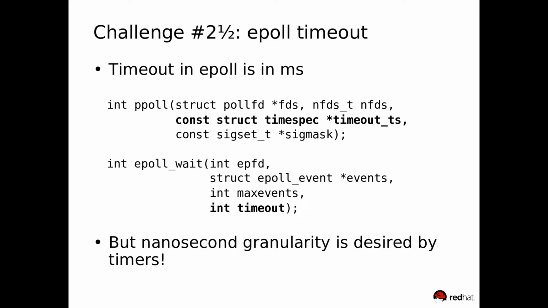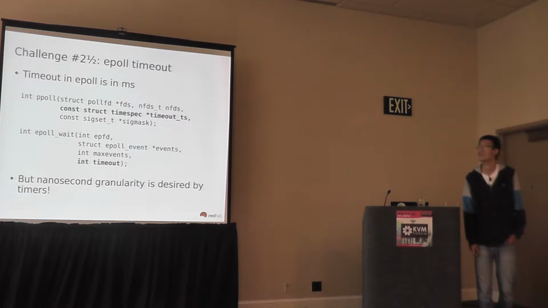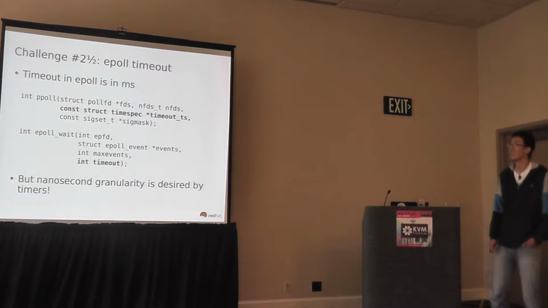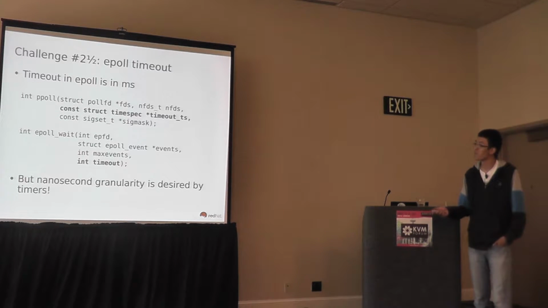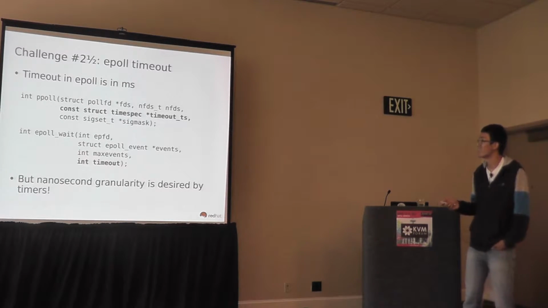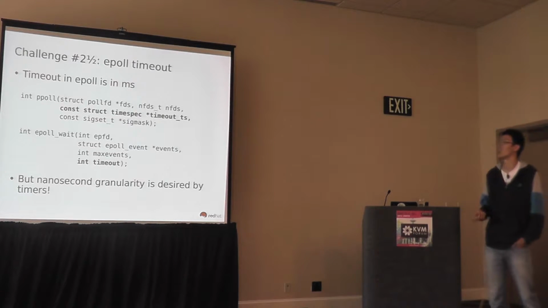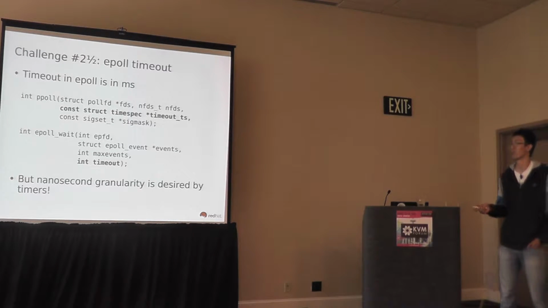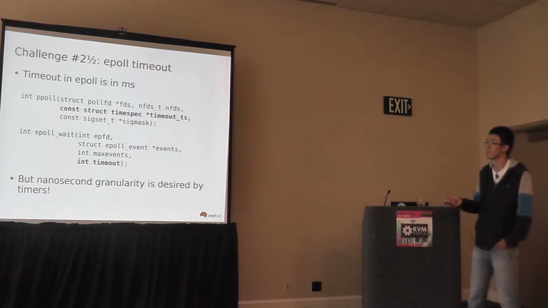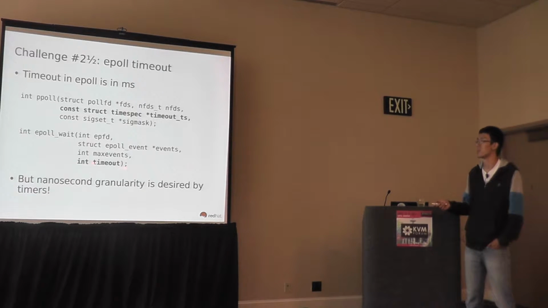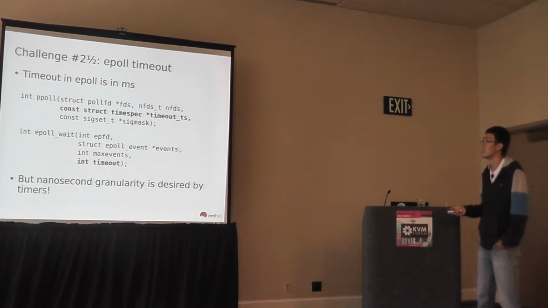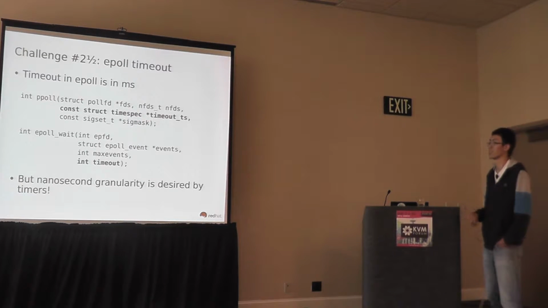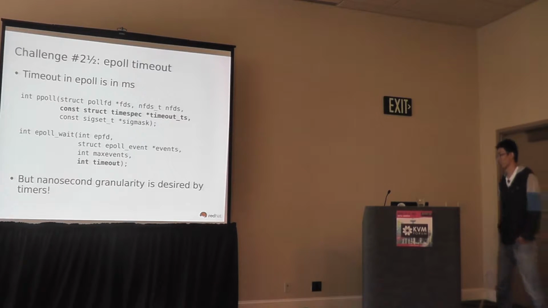Okay, but there is another problem introduced by this. The epoll_wait function is not quite on par with the timeout of ppoll because the granularity, the precision, is lower. It only supports milliseconds. And in ppoll, you can have a timespec which has nanoseconds. That's important.